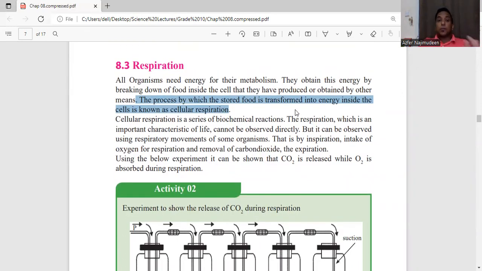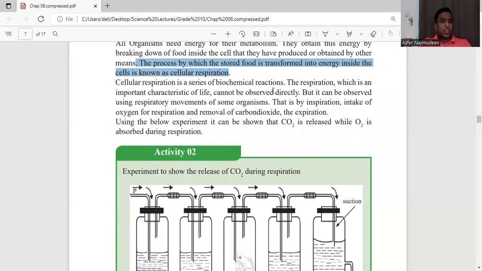Glucose is the form of energy that the cells use in order to perform their metabolic activities. So the definition for cellular respiration is where the food is broken down and energy is produced.